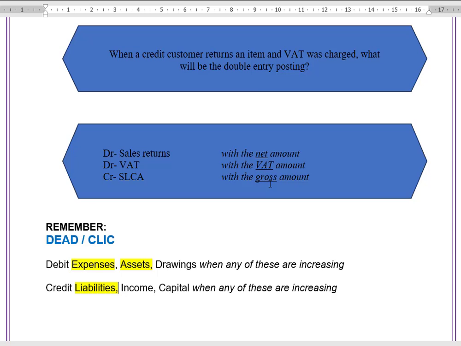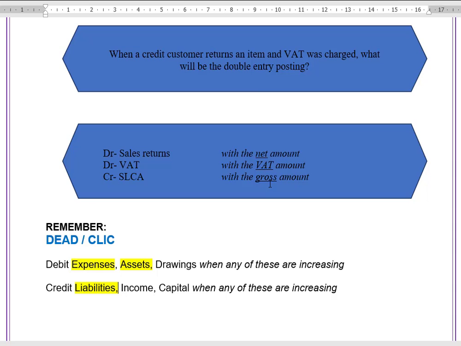That is to say, you have to debit at least one account and credit at least another account. The double entry principle: for every debit entry, there must be a corresponding credit entry. And if you're doing that, you will find that when the transaction takes place, you debit and credit, and that's what we're looking at here.